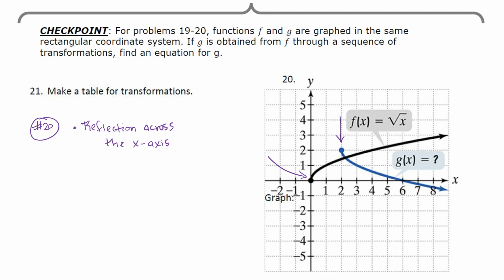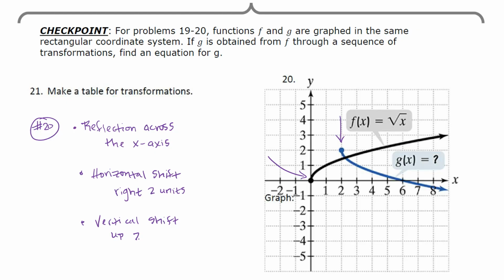So let's first start with our horizontal shift. So our horizontal shift is going to be to the right, and we go to the right 2 units. Then we will apply our vertical shift, and our vertical shift is moving our graph up 2 units.